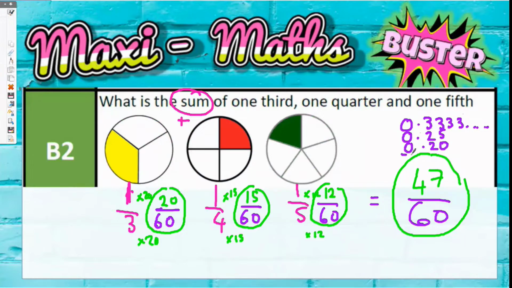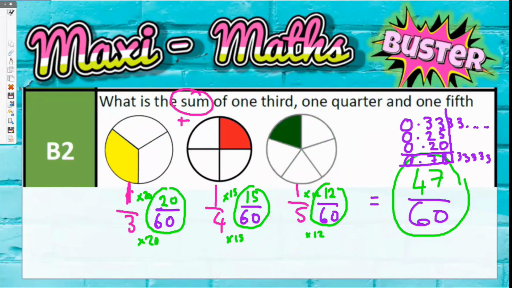If you chop it off to 2 decimal places, you would get 3, 5, and nothing is 8. 3, 2, and 2 is 7. So to 2 decimal places, you would get 0.78. But obviously, you would have all those recurring 3's at the end of it.